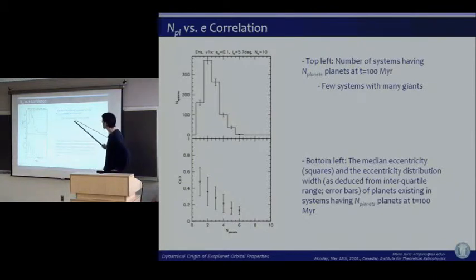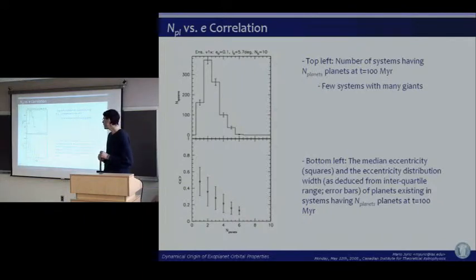So the generic prediction is that if there really was this violent stage of relaxation early on after planet formation, there will be few systems with many giants. And secondly, the average eccentricity of planets in those systems will correlate with the number of planets in the system.